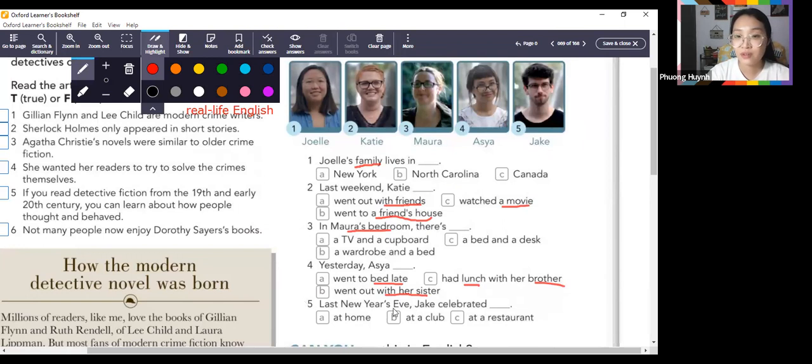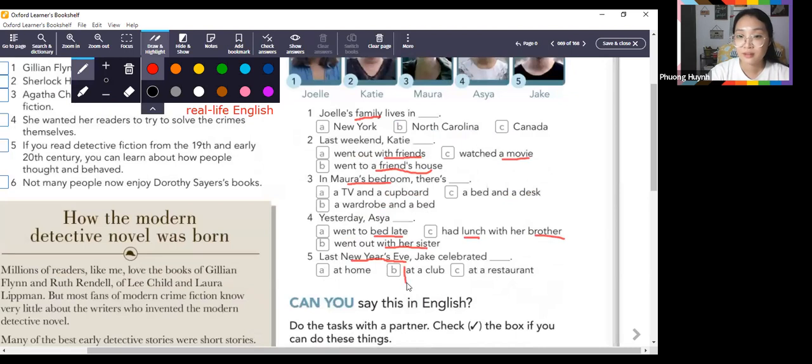And number 5, talking about New Year. So remember, we have New Year's different from New Year Eve. Okay, so you still remember New Year Eve? So New Year Eve on 31st December. So that is New Year Eve.